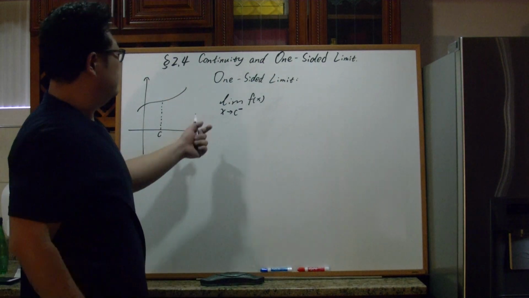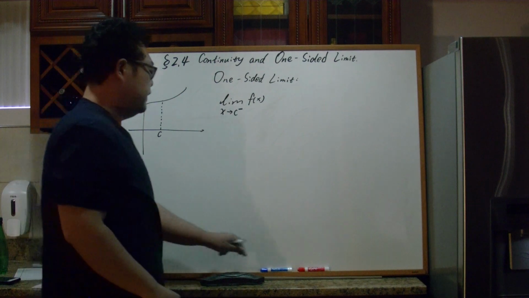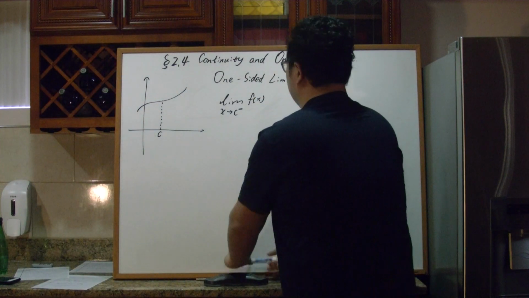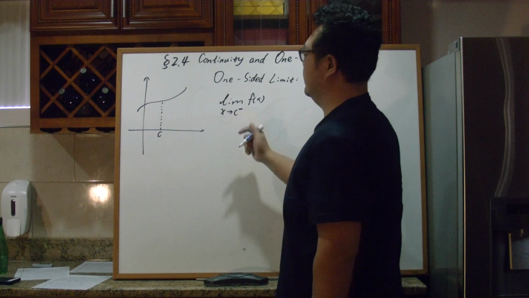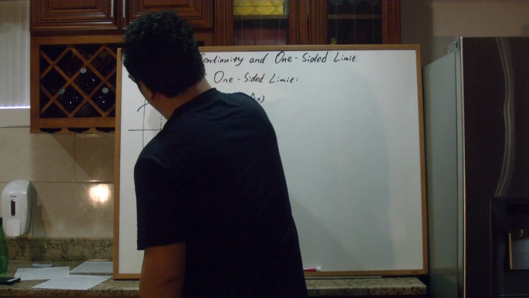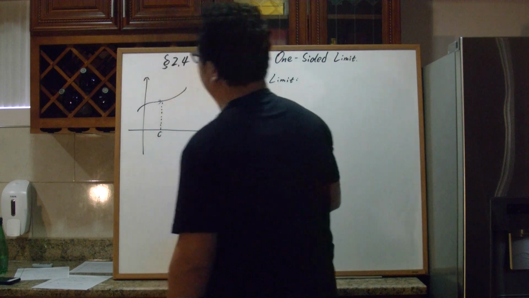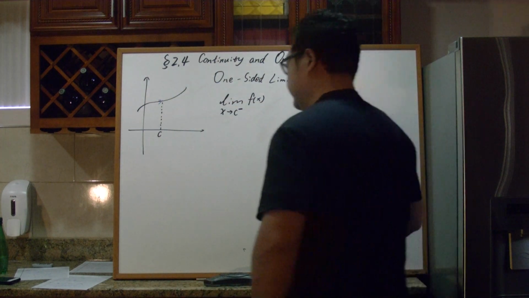Right. The limit as x approaches C from the left side has a superscript negative sign, because this one is just a little bit lower than C, which means the limit approaches from the left.